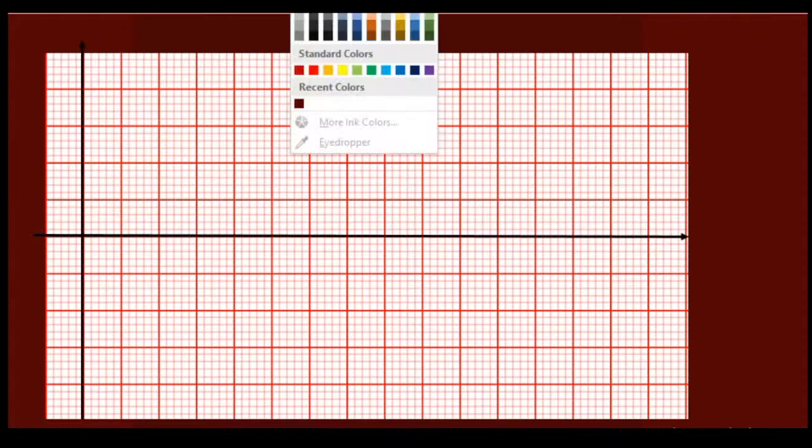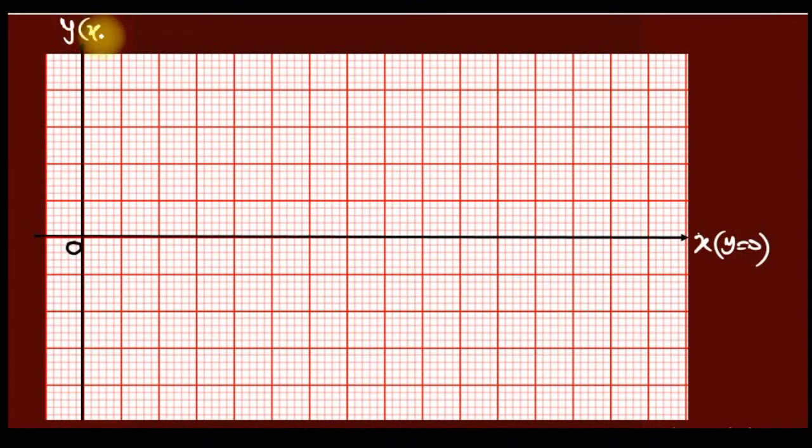So our origin is here. That's 0. This is our x-axis. Another name for the x-axis is y equal to 0. And this is the y-axis, or x equal to 0. So we've located the origin, and the y and x axes.